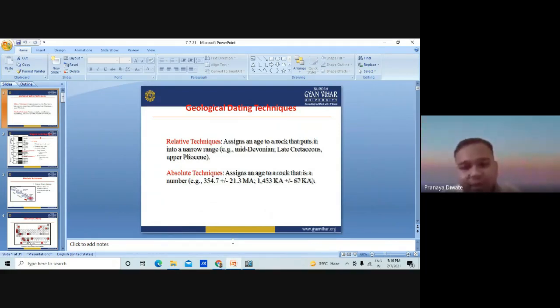Whereas the absolute technique is assigning an age to a rock that is a number, like 345 million years or something. So I have just given you one example of what exactly the relative technique or the absolute technique is.